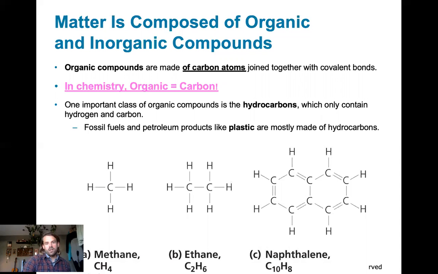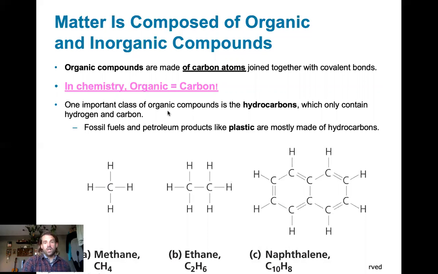These drawings here are organic compounds, and organic in chemistry means carbon-based. Okay, so organic denotes that there is carbon in that molecule, as opposed to organic food or something like that, which has a whole different meaning, right? So in chemistry, organic means carbon.